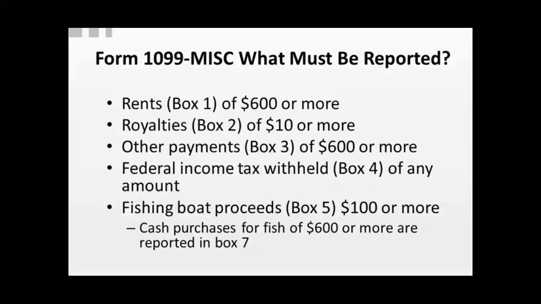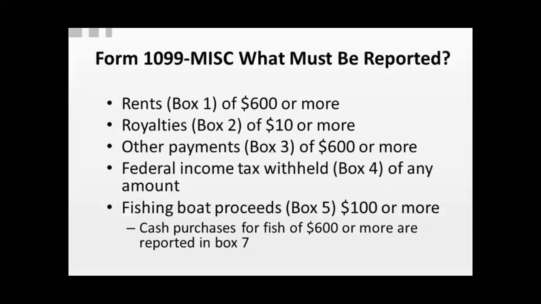Even if you didn't deposit the money, that withholding stands because it was not withheld in error, and you're going to issue a 1099 for that, showing the withholding in box 4. And regardless of the amount, you're going to show the income associated with that backup withholding. So it could be the income is less than $600, but it's still going to be reported because of the backup withholding.